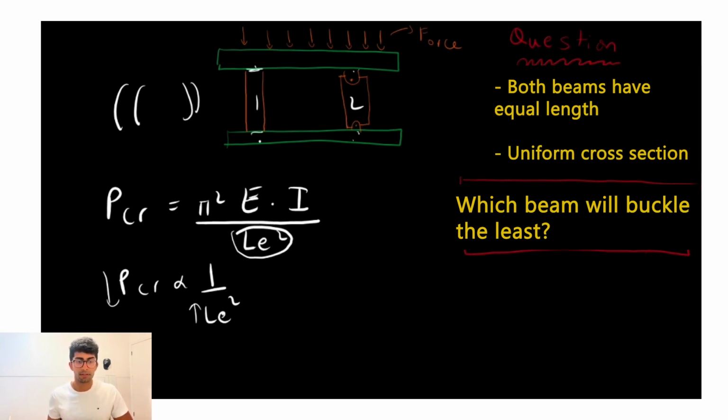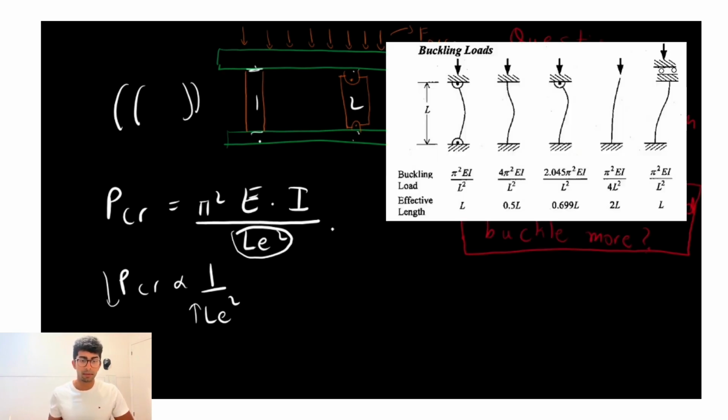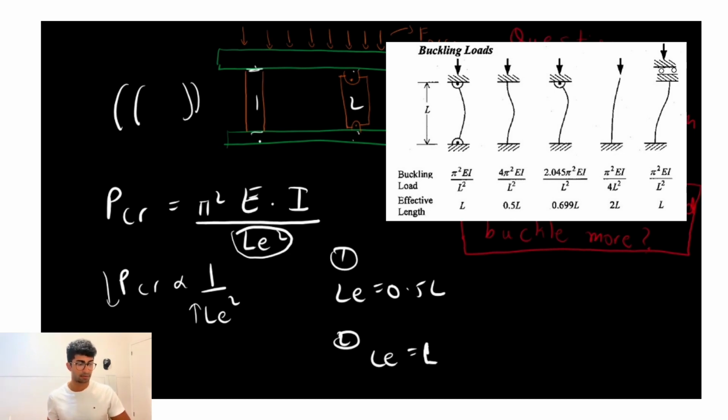Now, for every beam that has different endpoints, fixed and pinned and whatnot, there is a different value for LE. So in the case of beam 1, our LE value is 0.5 L, and for beam 2, our LE value is simply L.